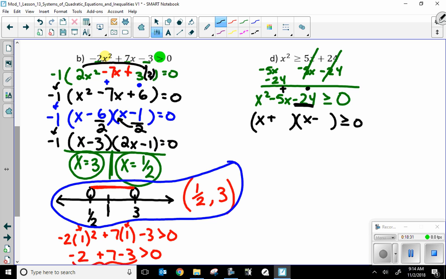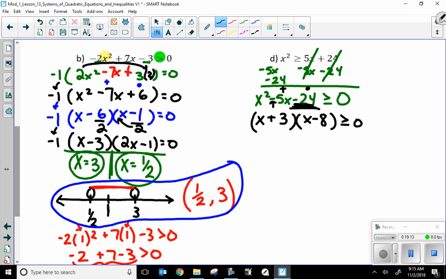But in my mind, whenever I see signs that are different, when I have a plus and a minus, when I have a negative product, I think: what multiplies to 24 that is different by 5? 8 and 3. 8 is the negative number and 3 is the positive. The bigger number should take the middle sign because when I combine them, it should stay negative. I should get negative 5 when I add them.